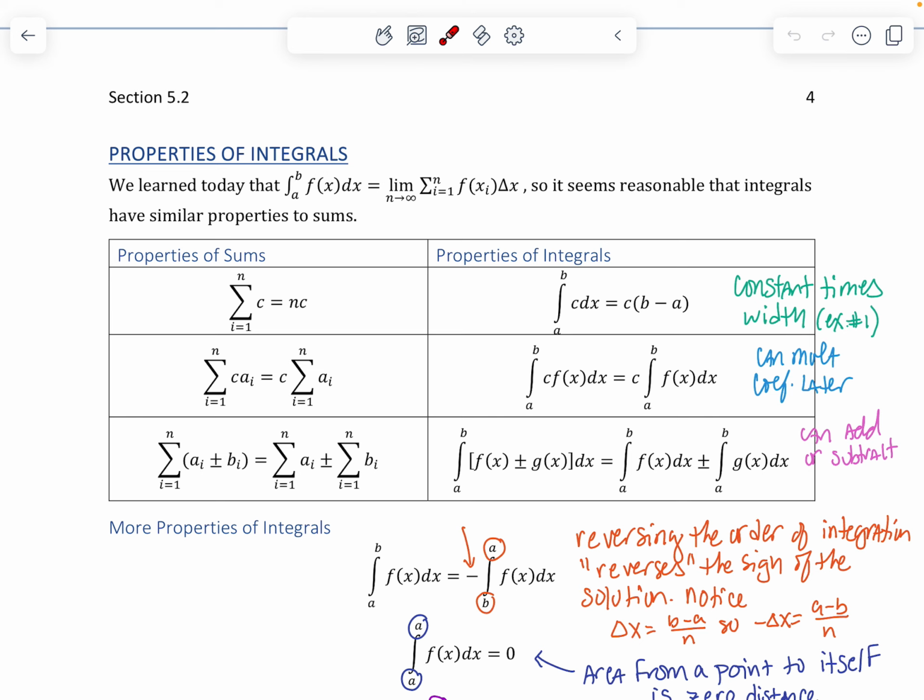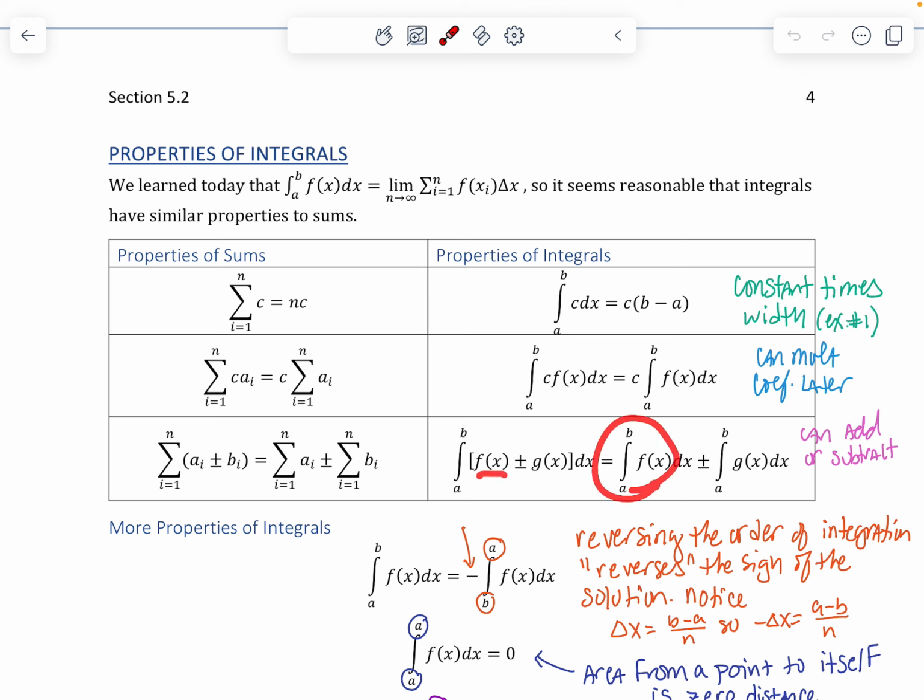The other limit one that you're probably most familiar with that we just saw in summations recently was if you have the summation of what can be seen as two separate terms or operations happening to an input variable, then we can just make it the summation of the first term, and whether it was plus or minus, we'll continue that sign, the second term summation. So the same thing happens with integrals.